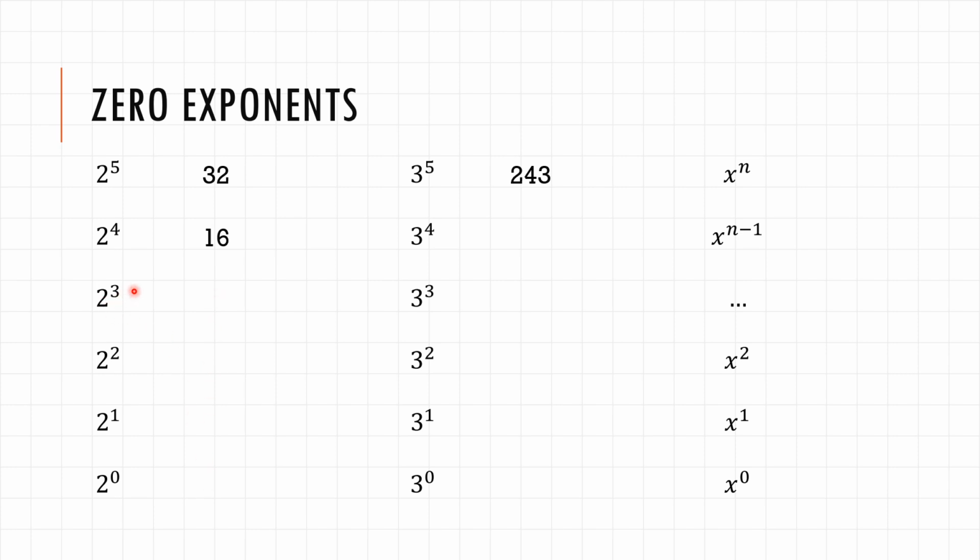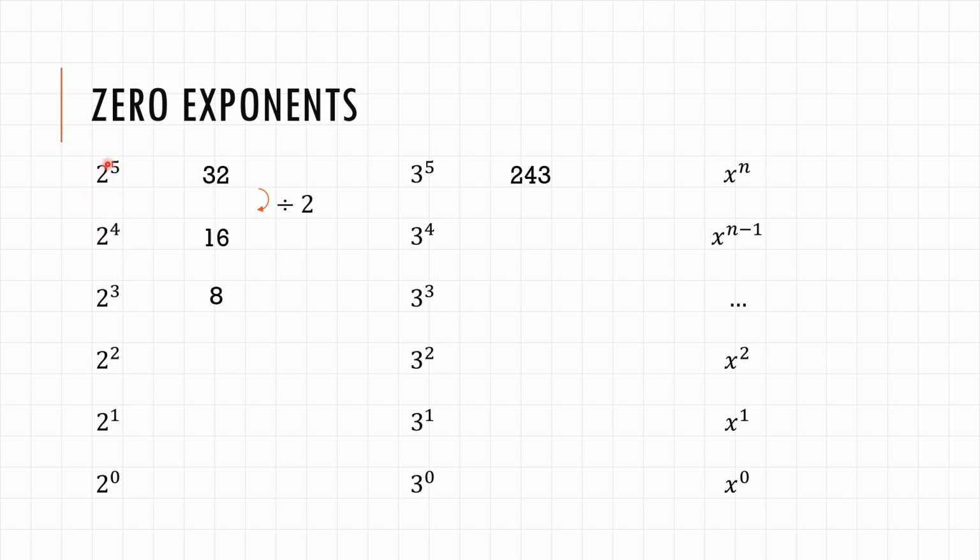What is 2 to the power of 3? That would be 8. And the way we got 8 is, this is 2 times 2 times 2 times 2. This is 2 times 2 times 2, right? If I wanted to go from here to here, I would just need to multiply it by 2 one more time. Right? 8 times 2 is 16. If I want to go from here to here, this is telling me, hey, you have to multiply by 2 5 times instead of 4.